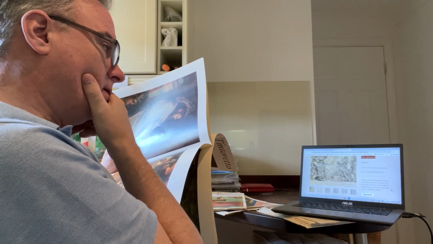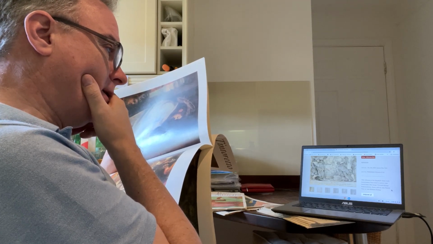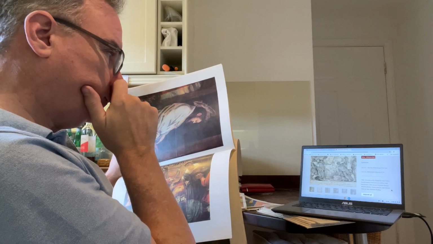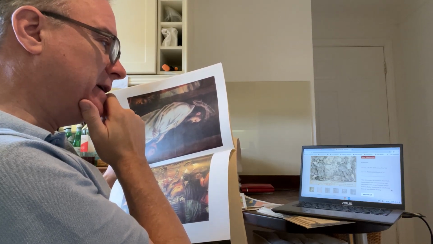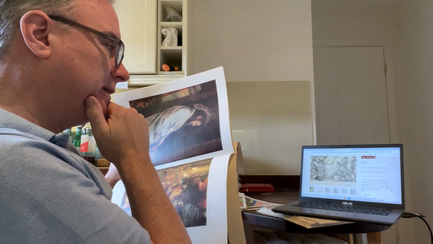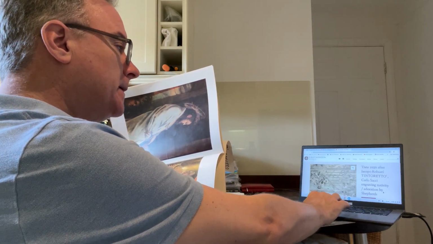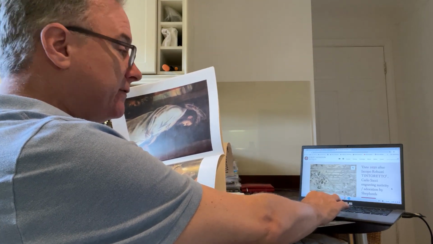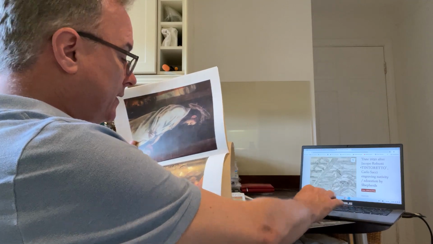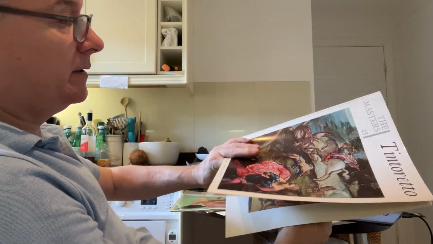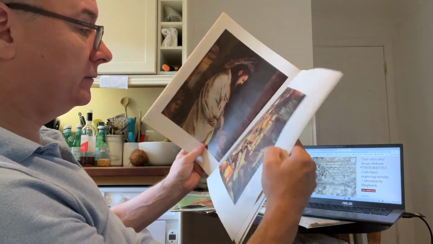The image was done by Tintoretto and it was amended by Carlo Sacchi, who engraved it. Okay, I'm delighted about that. So when I sell that print, I can photograph this book and say it's in the book.